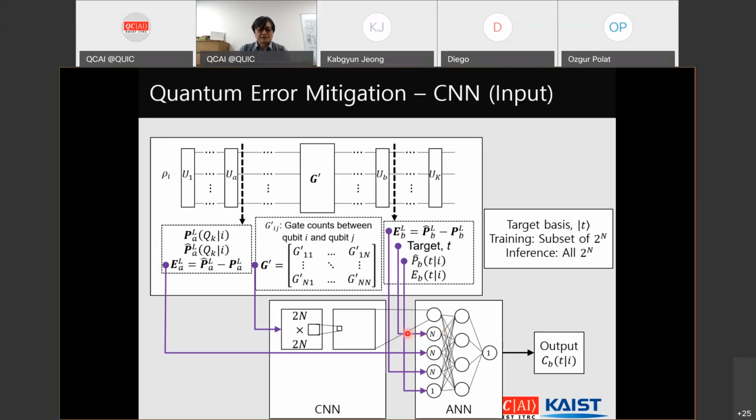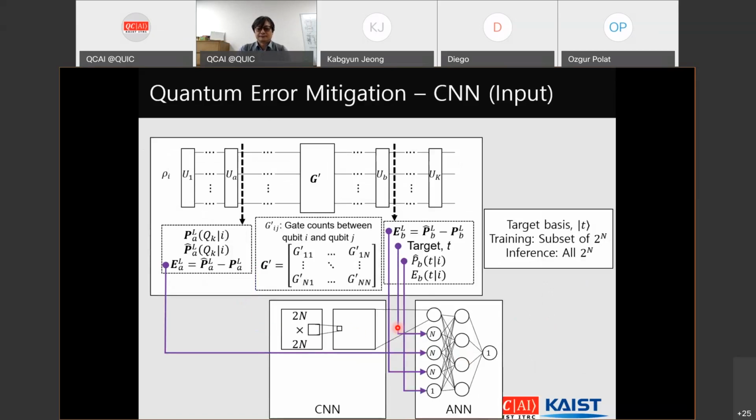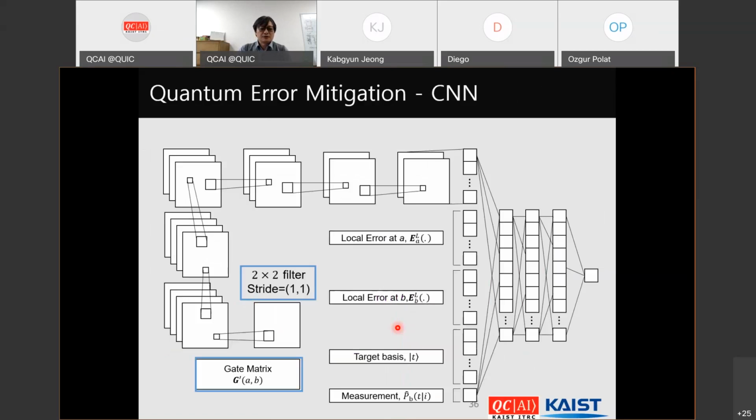The rest of it uses the same type of information. By doing all this with the convolutional network, which extracts the information about the gate design, I mean the circuit design, we train with the local area information only, and we came up with certain local error information.